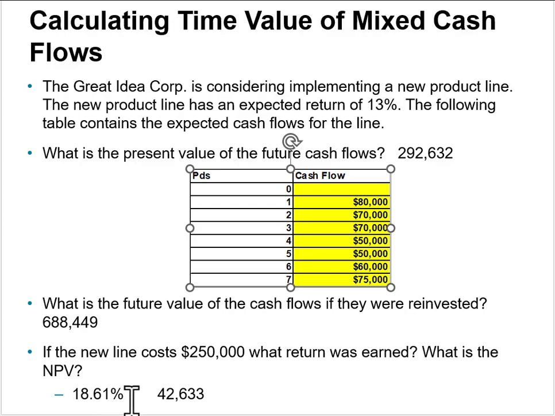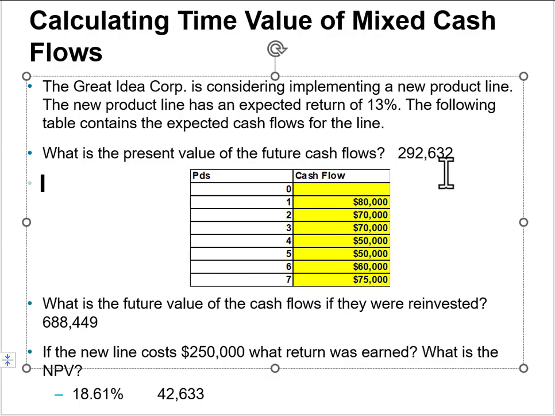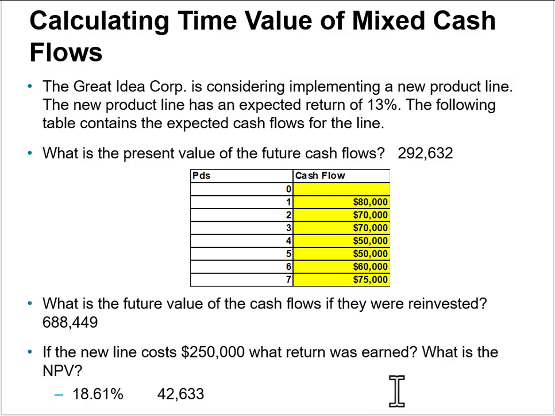So if you could earn 18% and you only wanted 13%, it shows you that you would want to invest in this. And indeed, if you were going to receive $292,000 in value, and it only cost you $250,000 to buy it, what would you get? The difference is what we refer to as net present value.